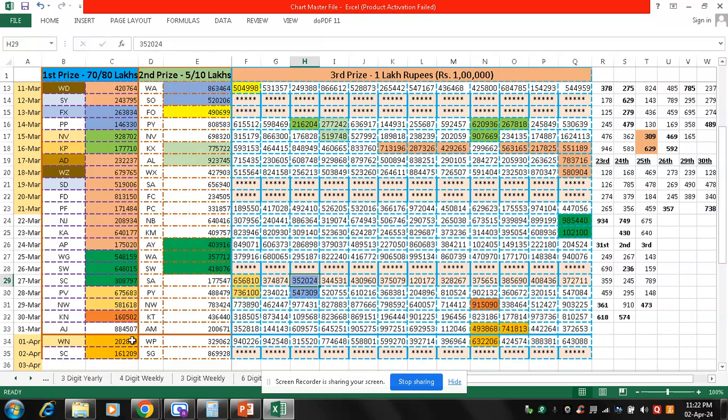27th of March, replicated as 202 in the first three digits. Then on the 28th, we had 0 and 9, which reflected as 0 and 9 in the last two digits of the winning number.